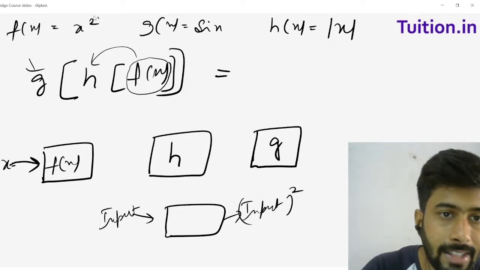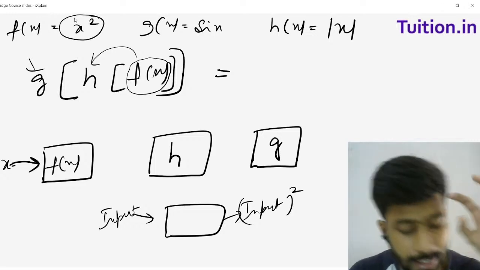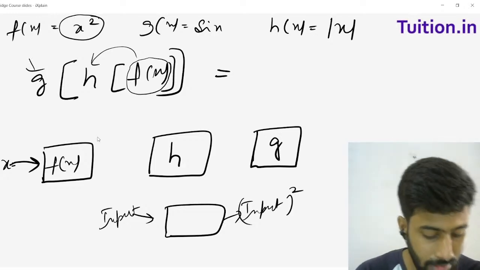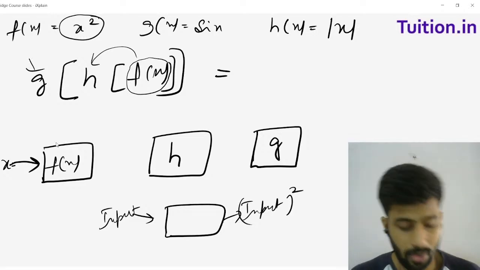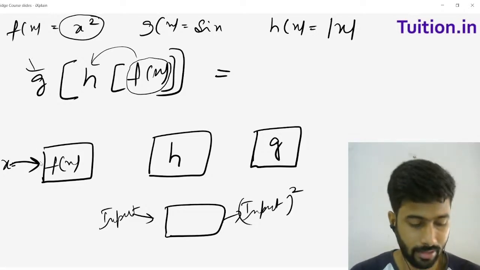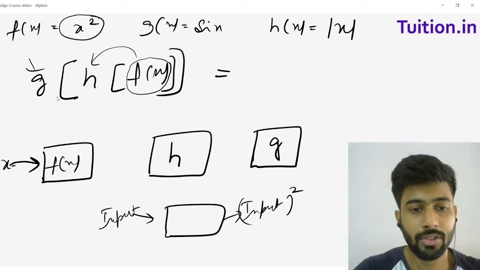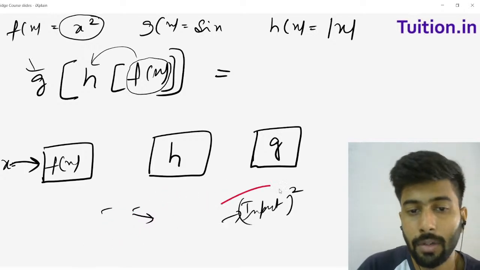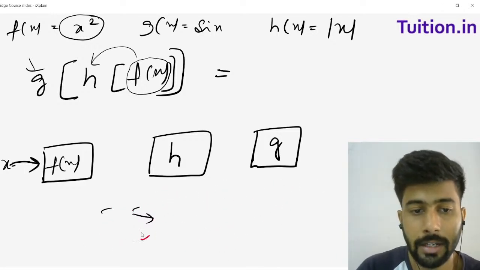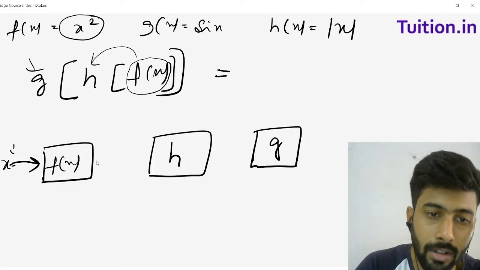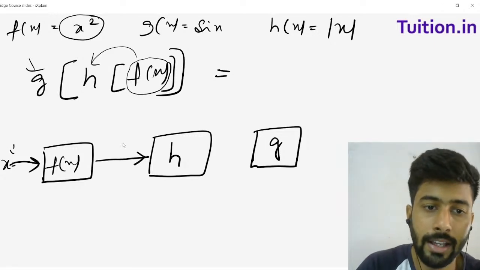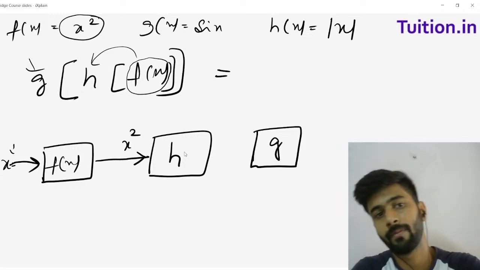When I say x square, treat this x square as input square. Tejasri, let's see if that is true. So whatever input will go into f of x, that input will get squared. So if I'm giving x as input, x square will go into h.